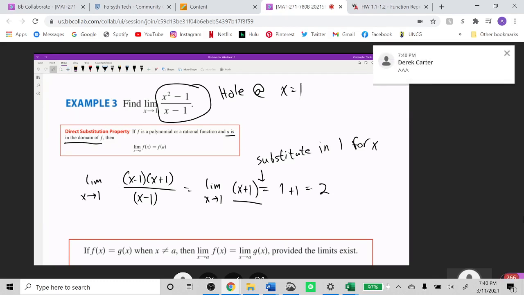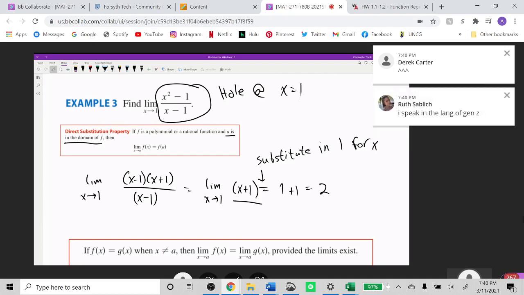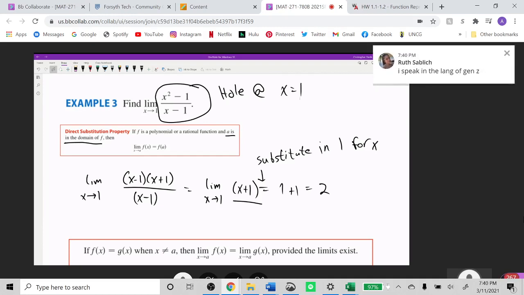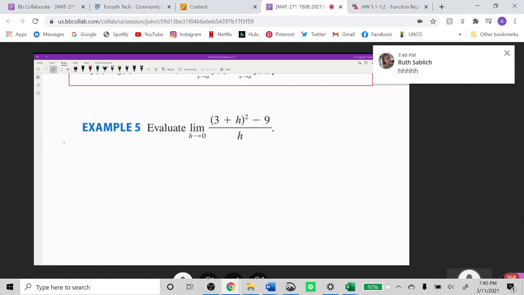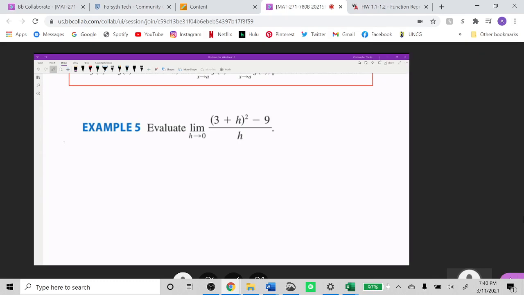Let's look at this. We're starting to get into some interesting territory with some examples. Evaluate this limit. So the first thing I have to note here is that we cannot just plug zero in right away, right?